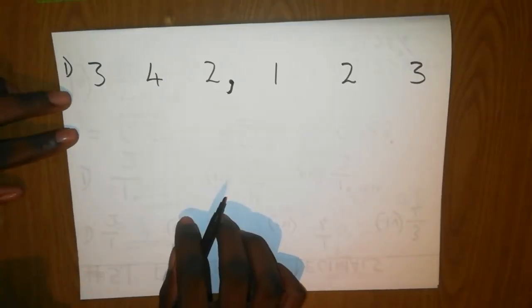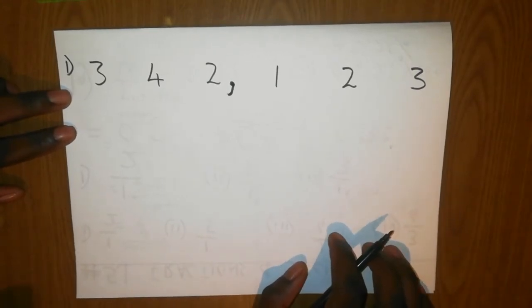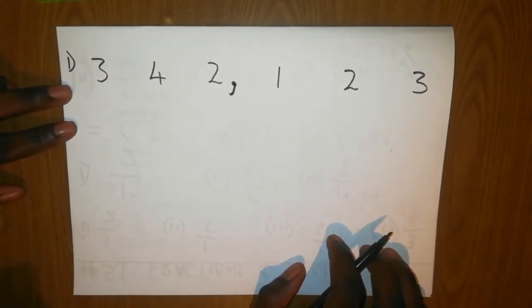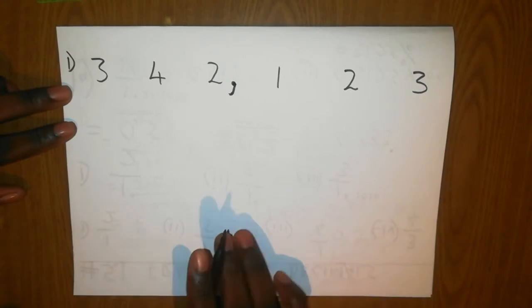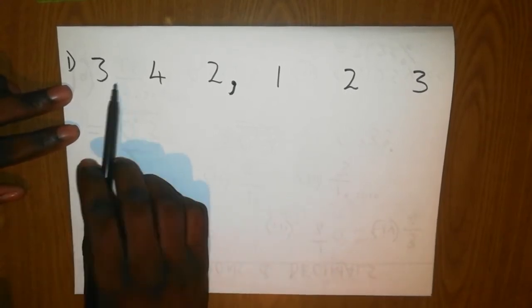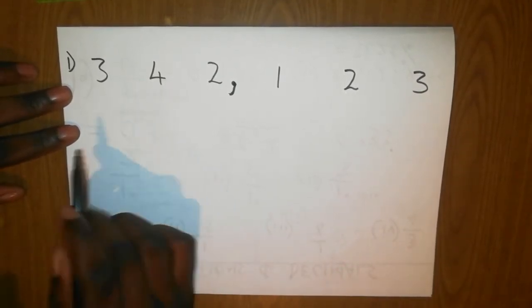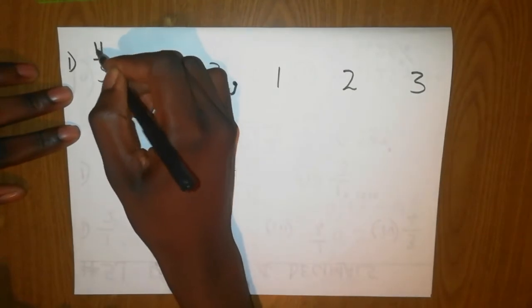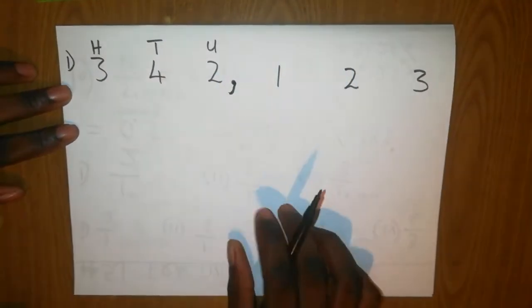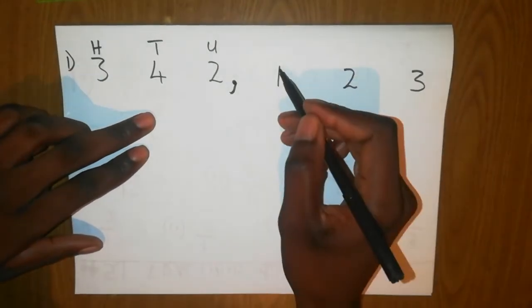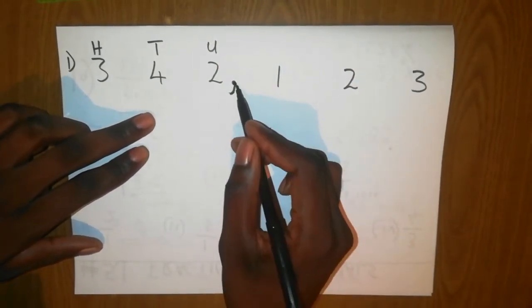Okay guys, as I'm taking you to the next level of decimals, I want you to understand some units that are used in decimals. For instance, this is 342. So these are hundreds, these are tens, these are units. Then this is our comma.